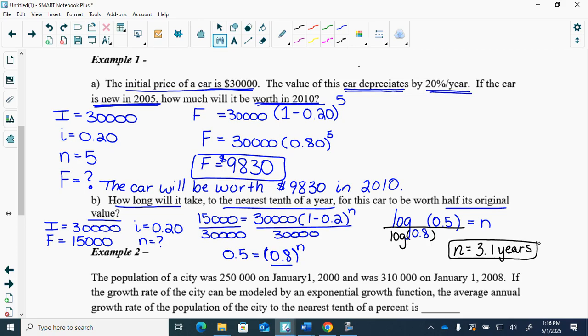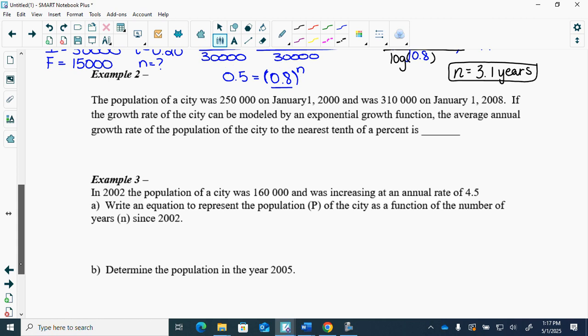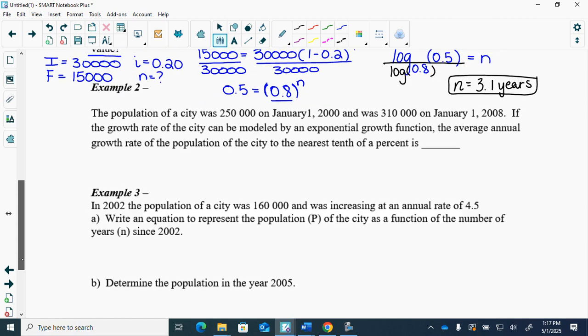Why would you decimal 100% plus stuff I'm saying. All right. I want you guys to try example 2 and example 3. Go.